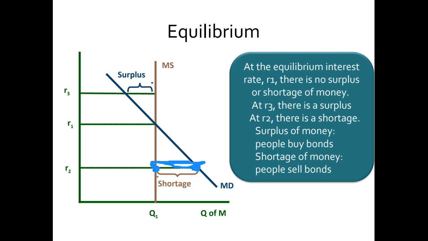So this is the assumption. Otherwise, the analysis will be more complicated. So what I'm assuming, let's say if there's a surplus, what is the meaning of surplus? Surplus means that you have more money than you want for transaction and for asset, right?